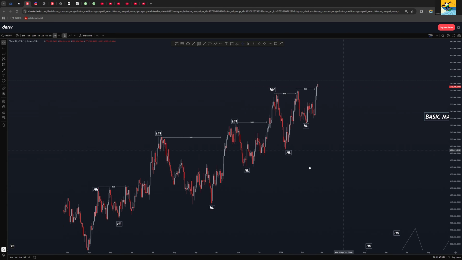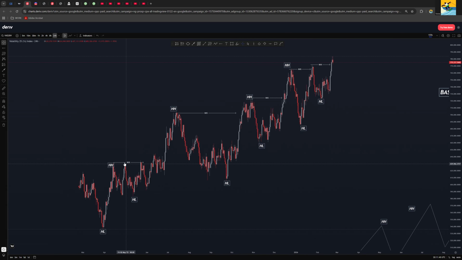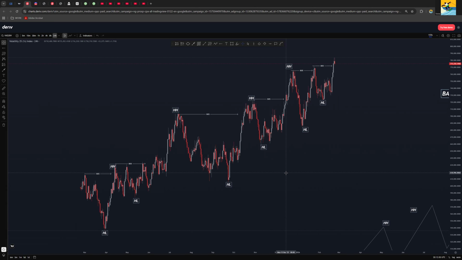So this is everything you need to know about market structure in 2026 as a synthetic trader. In our next class, or whenever I make another YouTube video, I'll be explaining what qualifies as a break of structure, and I'll explain further also about the change of character so that we know when the pullback is about to start and when the pullback is about to finish.